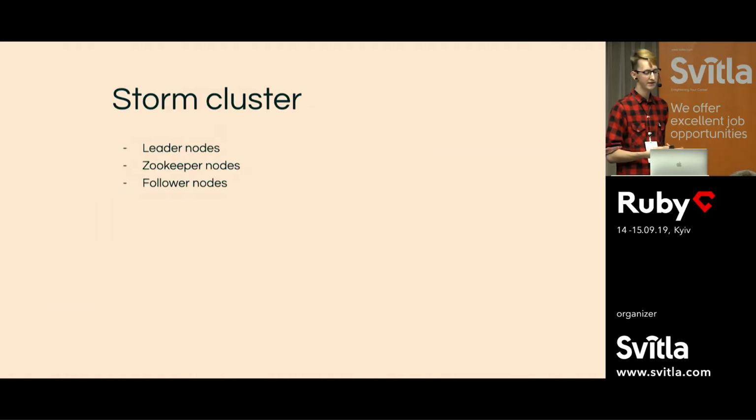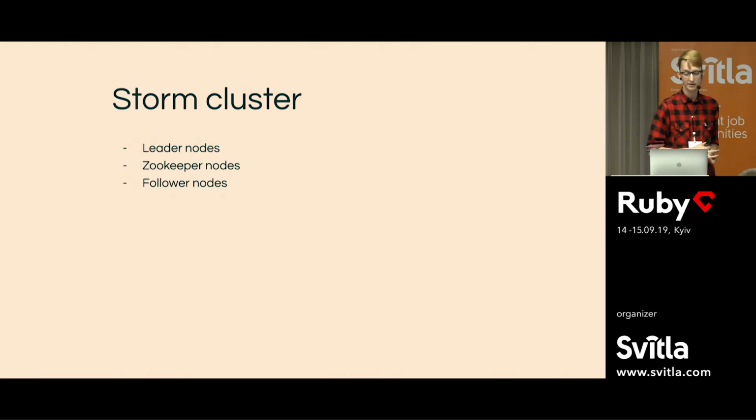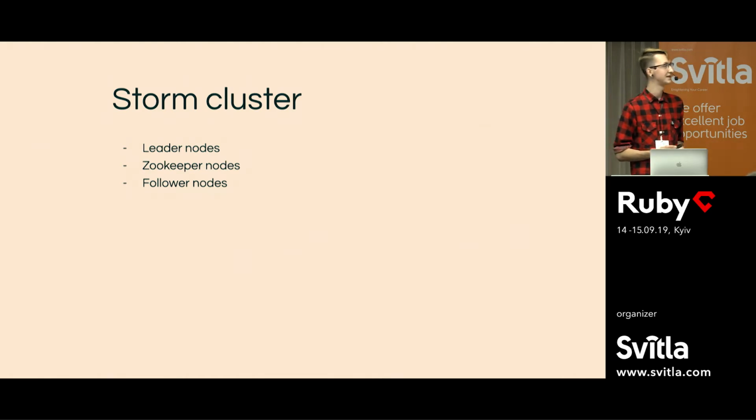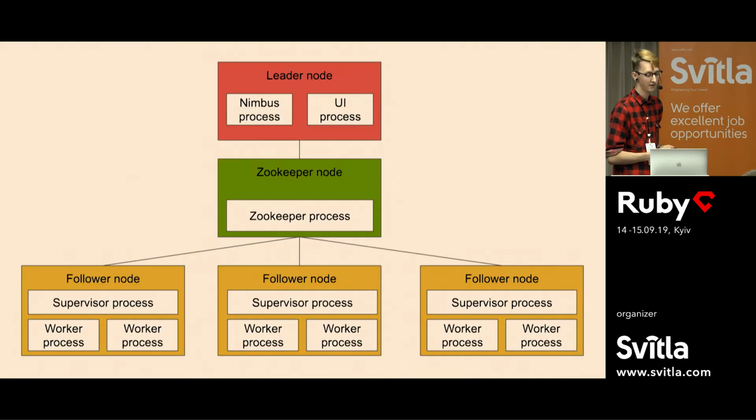To take full advantage of Storm scalability and fault tolerance, any production-grade topology would be submitted to a cluster of machines, and Storm distributions are installed on the leader node, which is called a Nimbus, and follower nodes, which are called supervisors.